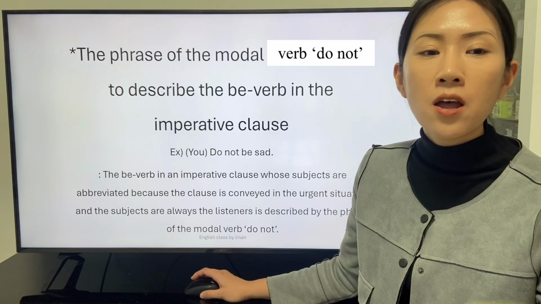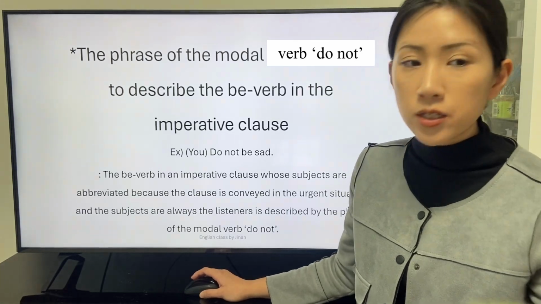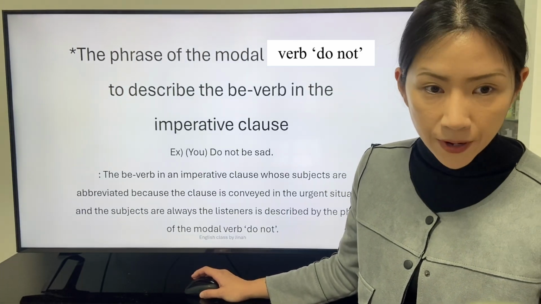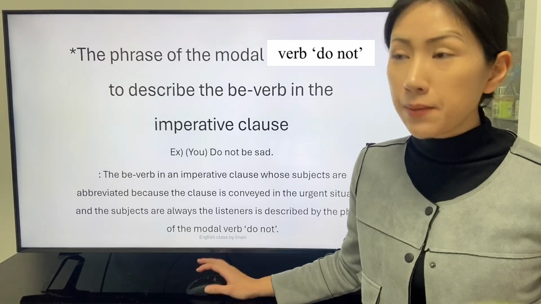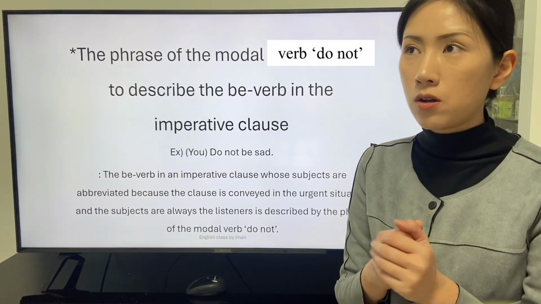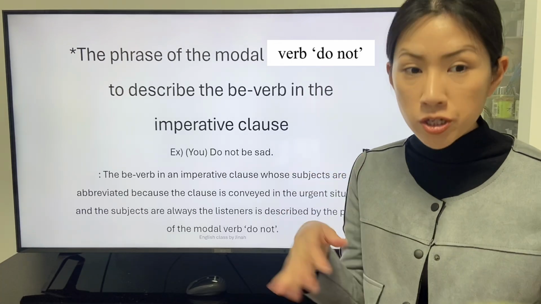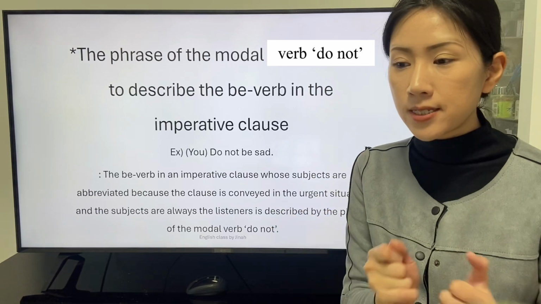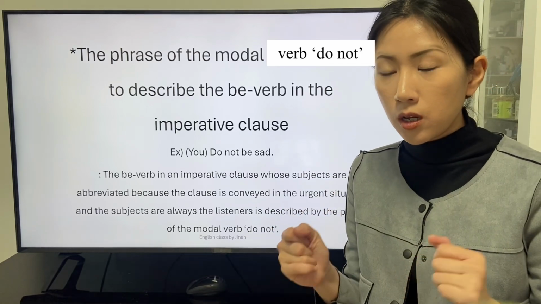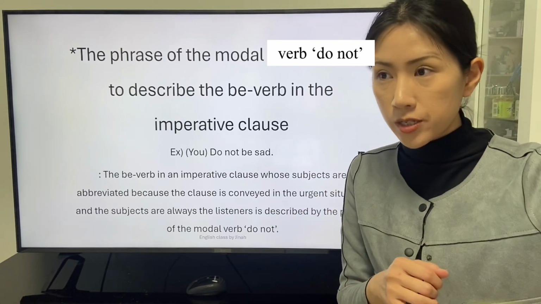The phrase of the modal verb do not to describe the be-verb in the imperative clause. The imperative clause is in the urgent situation. The speaker conveys the imperative clause only to the listeners.